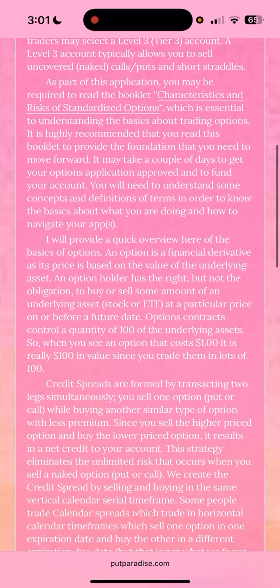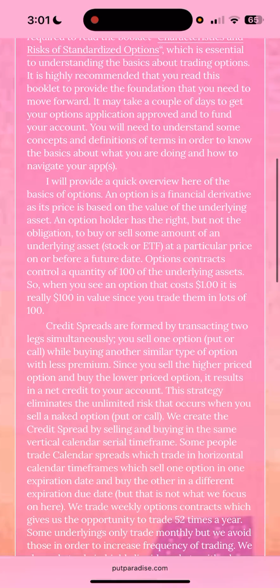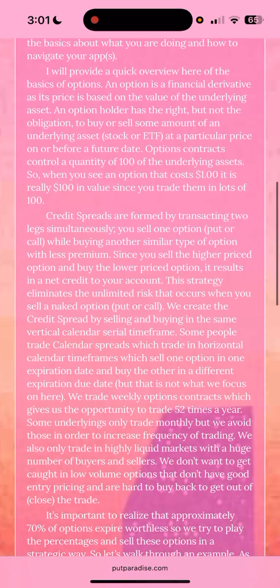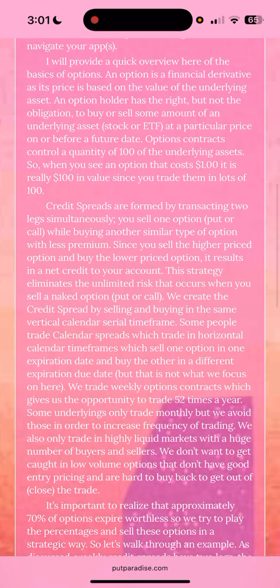All right, so we're going to go through some concepts and some definitions, really basic, just to get you started. So, what is an option? An option is a financial derivative. Its price is based on the value of the underlying asset. QQQ is our standard example that we go over typically.